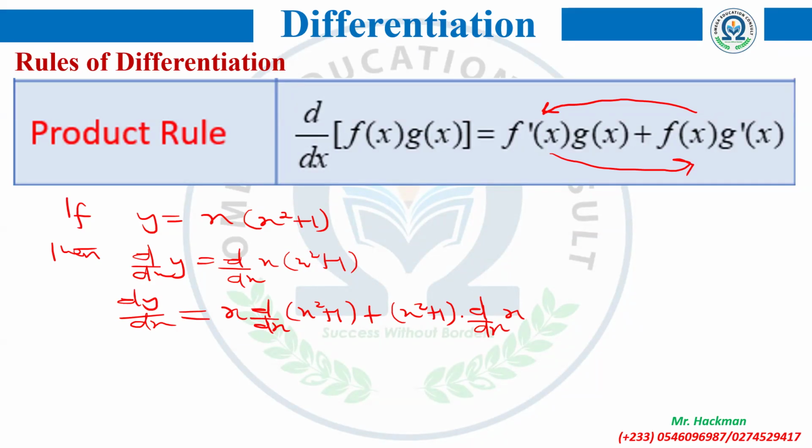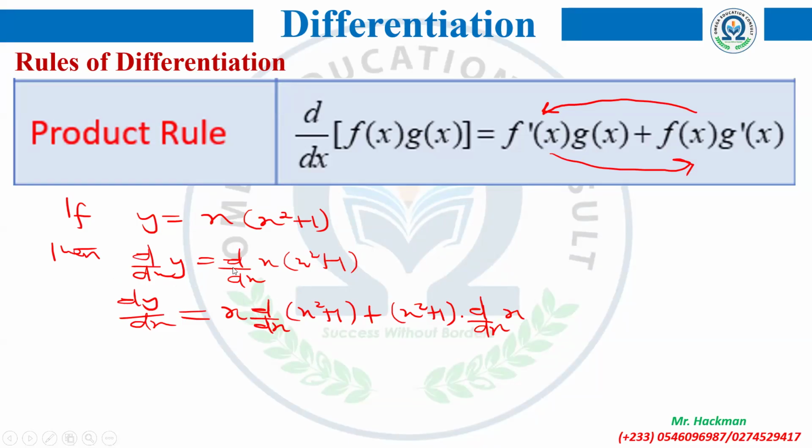If it is a sum, difference, what have you, we know the rules. Now we are talking about the rule for product. Because I am differentiating with respect to x, I find d dx of y. It's an equation, so whatever I do here, I have to do the same here. So d dx of the whole of this, which is the same as your y. So d dx of y will give us dy dx.